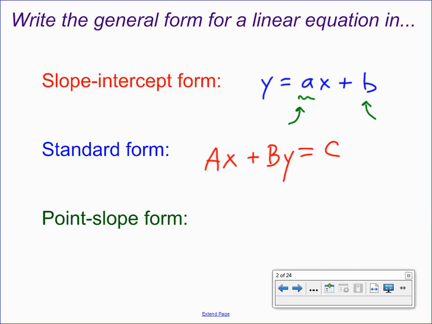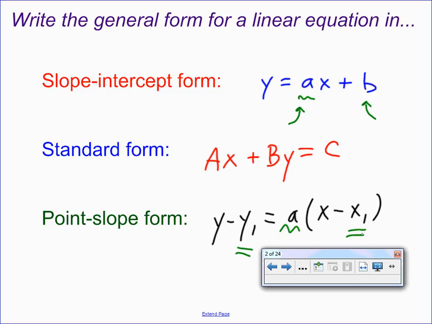Y minus y sub 1 equals a times x minus x sub 1. Absolutely. Where a is again my slope or rate of change number, and x sub 1 comma y sub 1 is any point on the line, or any ordered pair that satisfies the linear equation.